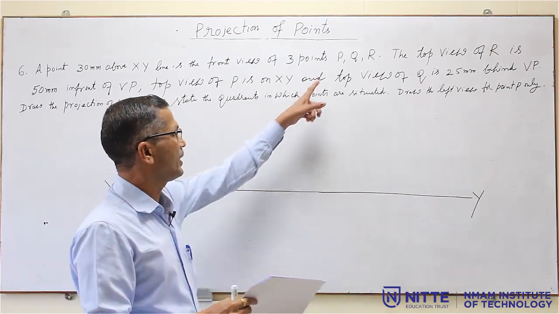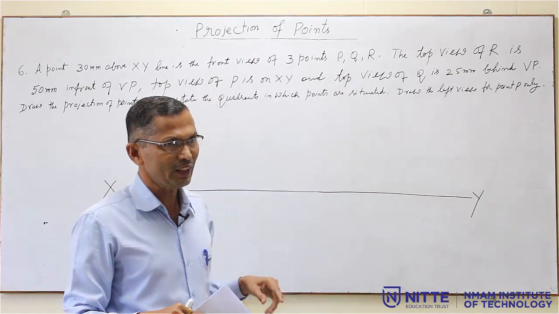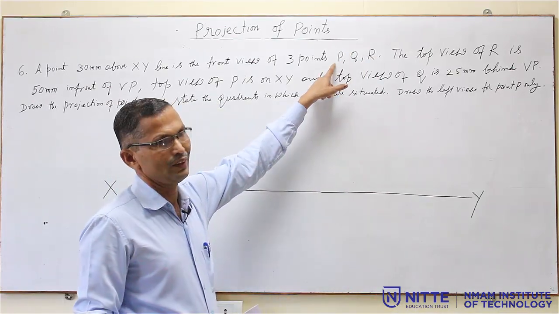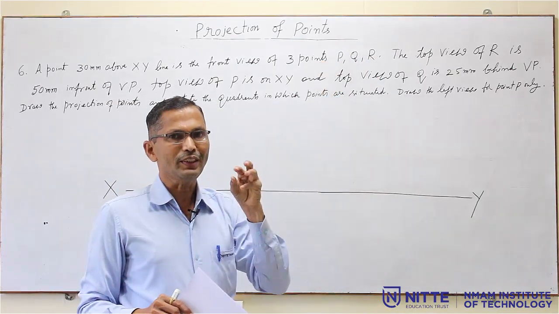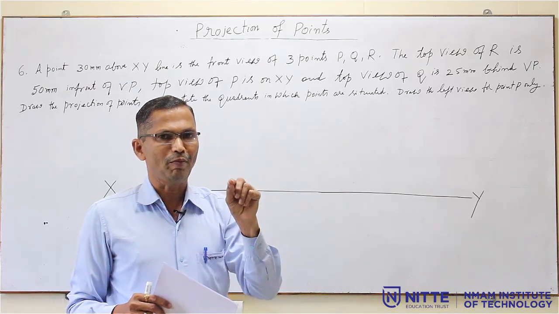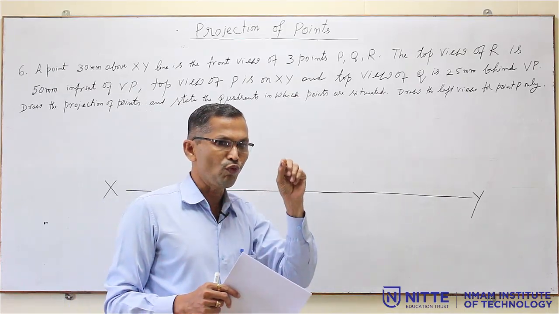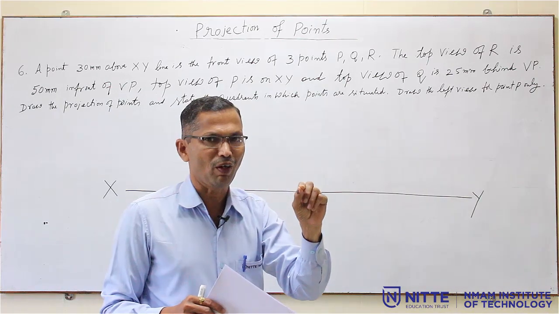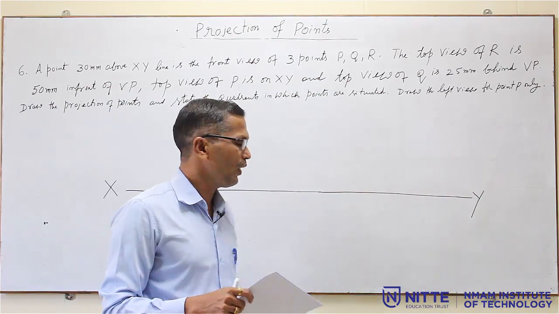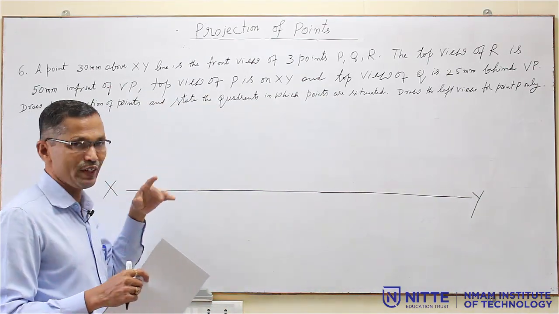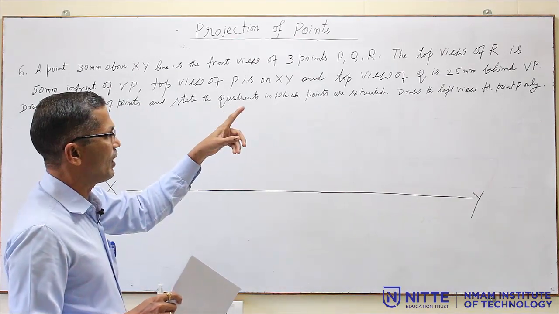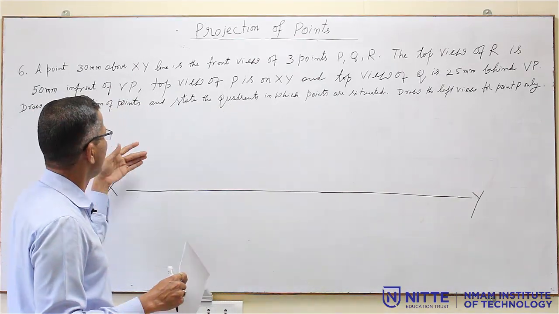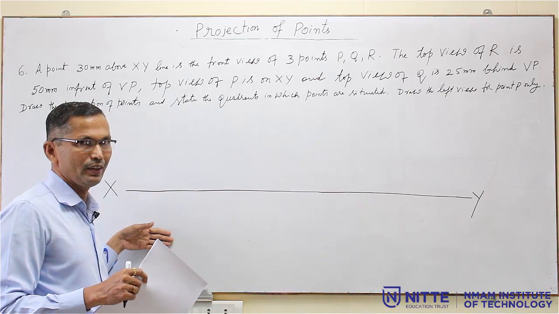For example, there are 3 points, P, Q, R. First I will solve the point P. Then what you have to do is think about the point P and decide to which quadrant point P belongs. Accordingly, you assume yourself in your mind. For example, if the point P belongs to first quadrant, this is VP, this is HP.